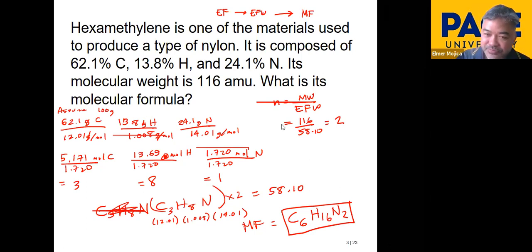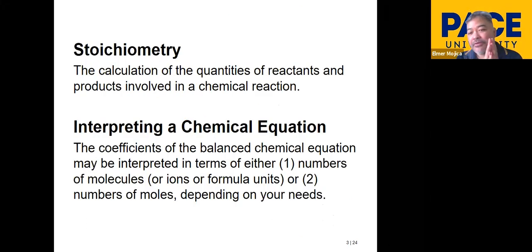Okay, now we're going to expand our calculation. So what we have so far are chemical formulas. What happens if we have a chemical equation? So remember, we have the mole going to the mass, going to the number of particles.